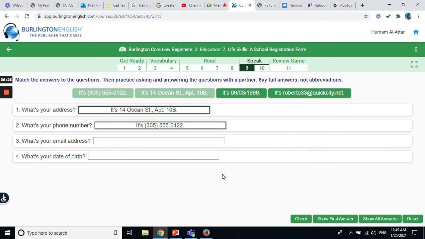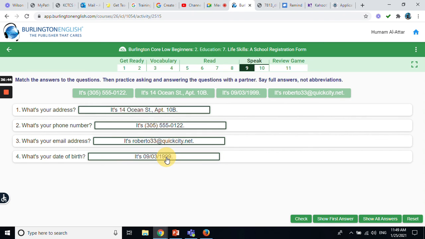Quickcity.net. Very good. And the last one, what's your date of birth? It's about how to read this date. Bumo, can you read the date, please?